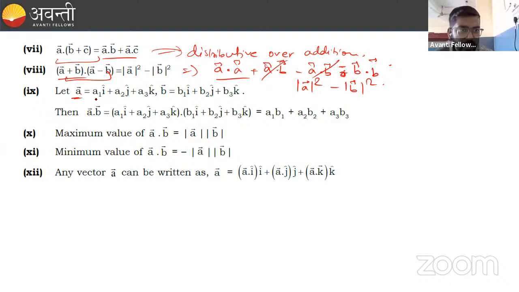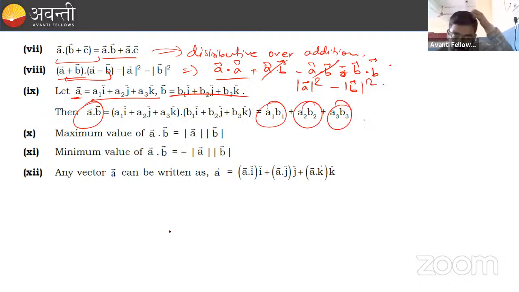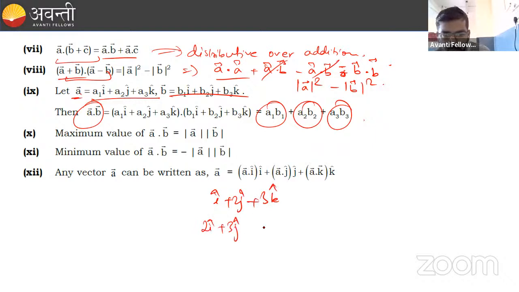So let a bar be a1 i cap plus a2 j cap plus a3 k cap, and b bar similarly. Then a bar dot b bar can also be found out by this method. If I write i cap plus 2 j cap plus 3 k cap and 2 i cap plus 3 j cap plus 4 k cap, then this is a bar, this is b bar.